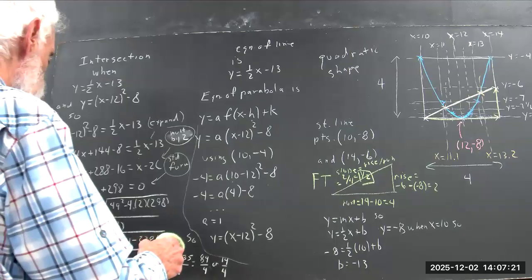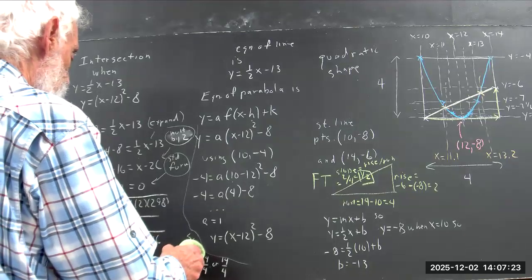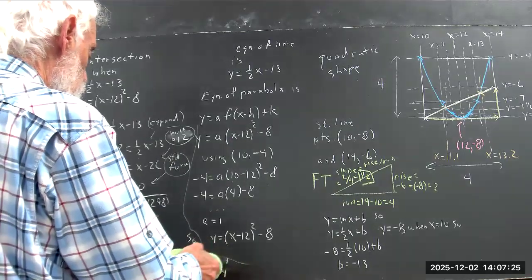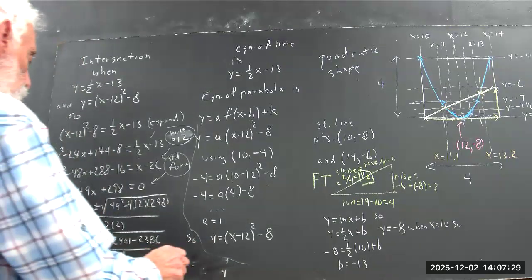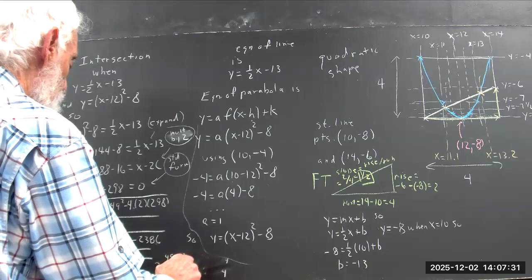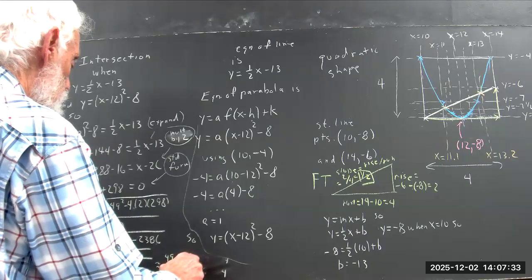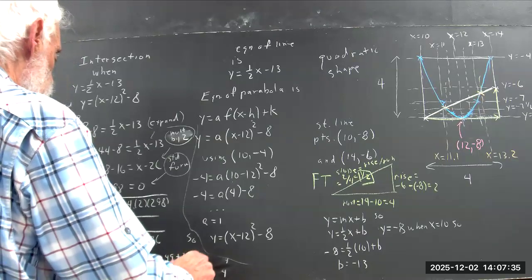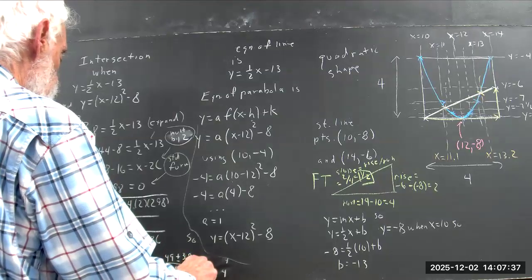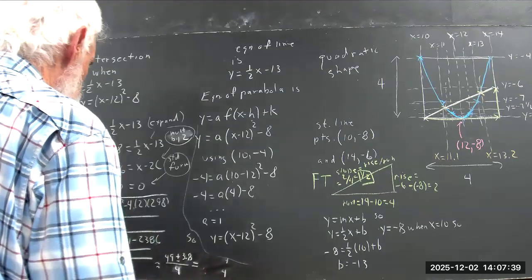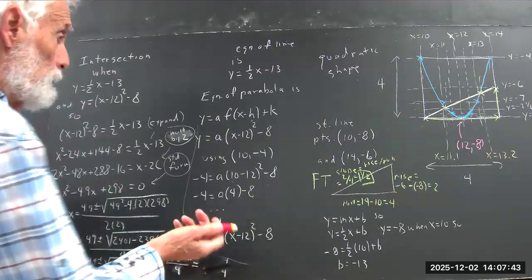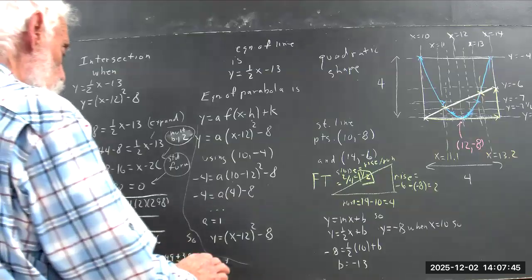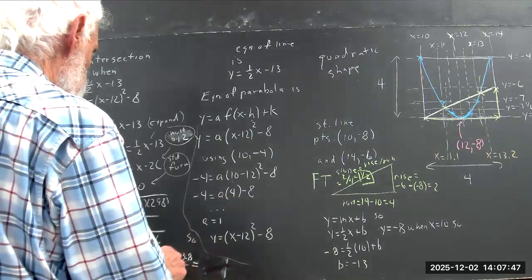And I think that's going to work out pretty well. Square root of 15 is about 3.8. It's between 3.8 and 3.9. I'm choosing 3.8. I think it's probably right.